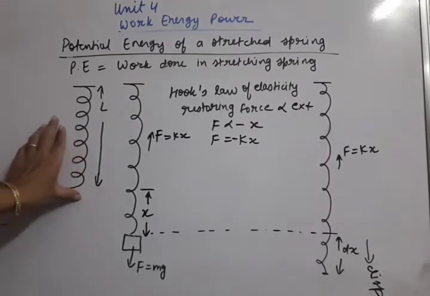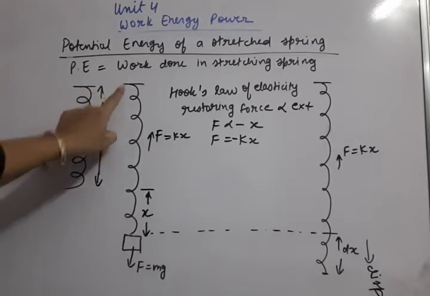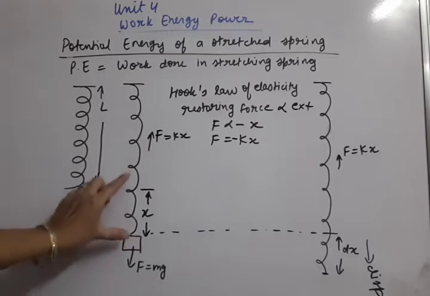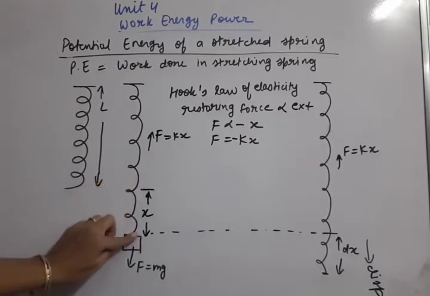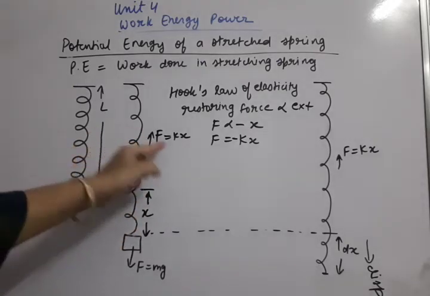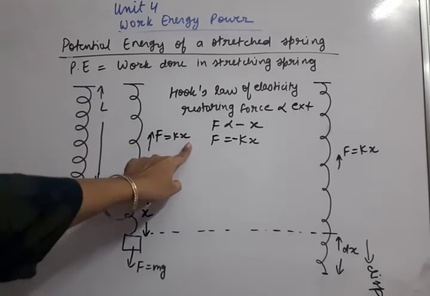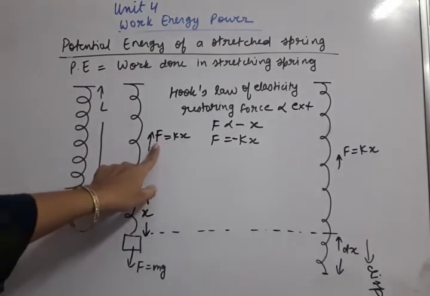So we have these three diagrams. This is the unstretched spring. After that a load is applied, and due to that the spring gets extended by x. Because extension takes place, a restoring force acts in the opposite direction, given by F equal to Kx. This force we can also call spring force, or restoring force.